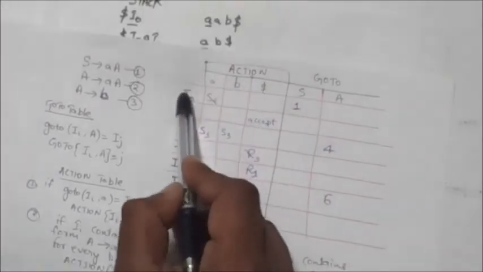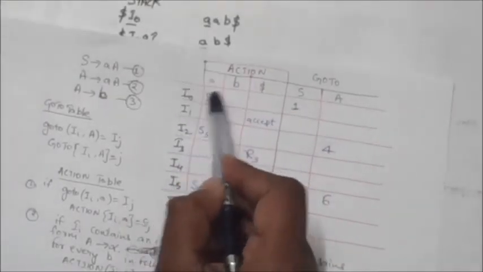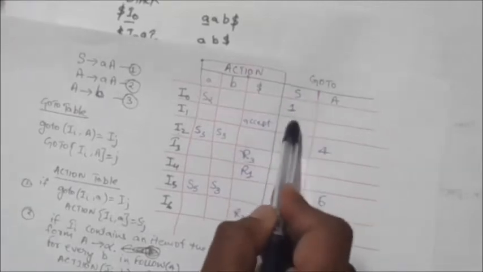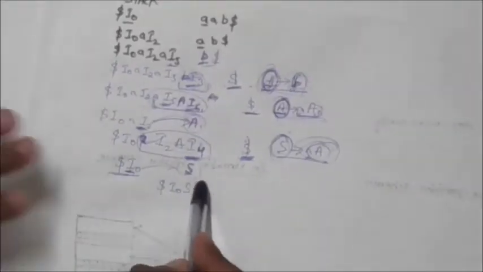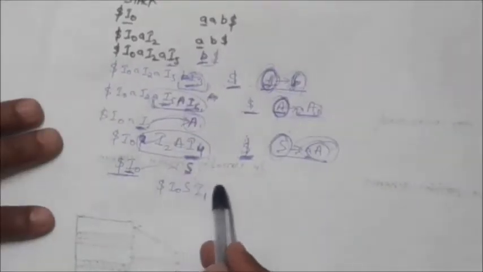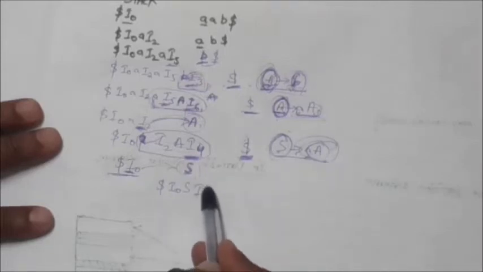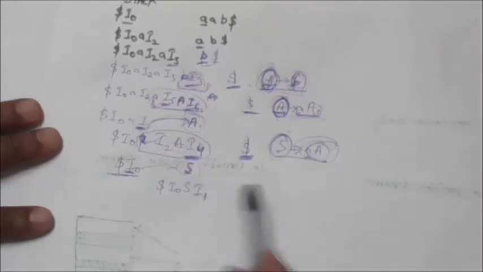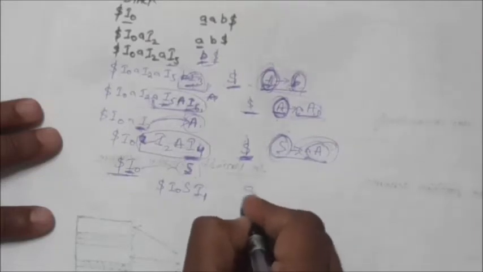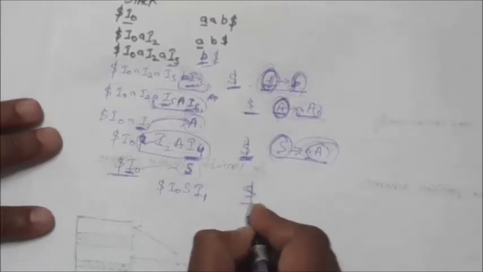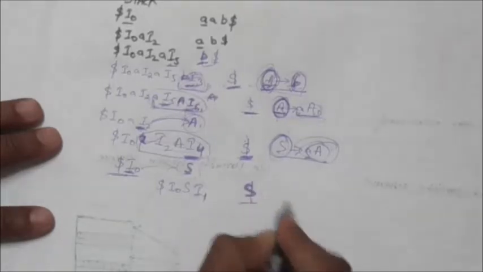It means the DFA from state I0, when it reads S, will jump to state I1. So S will be pushed in the stack, and after that I1 will be pushed in the stack. Now I1 is at the top of the stack, and the input pointer is pointing to the symbol $.